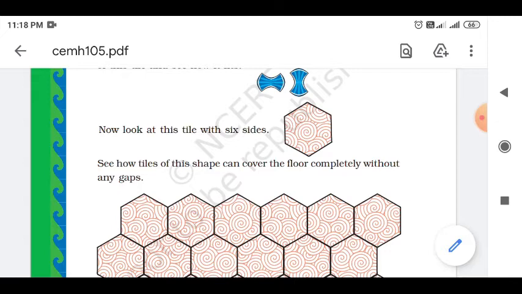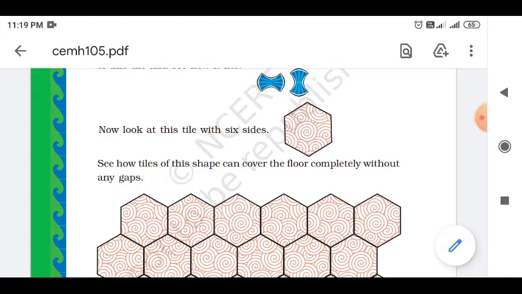And here, the figure has 6 sides. A figure having 6 sides is called a hexagon. A figure having 3 sides is called a triangle. Having 4 sides, commonly a quadrilateral. Having 5 sides, a pentagon. Having 6 sides, a hexagon.